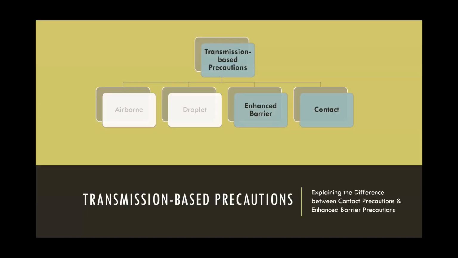Now let's take a look at the categories of transmission-based precautions, explaining the difference between contact precautions and enhanced barrier precautions. This webinar will not go into airborne or droplet precautions, although they are types of transmission-based precautions.